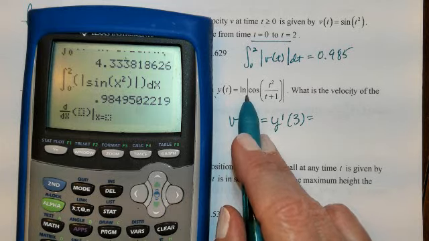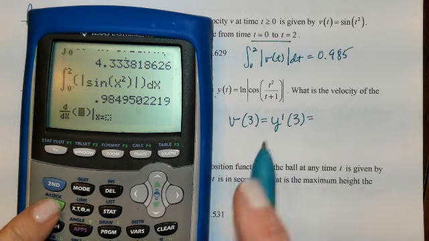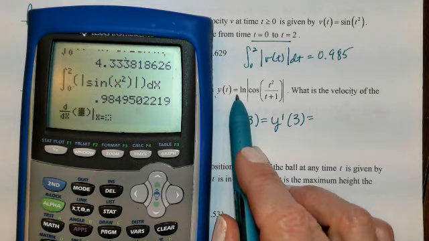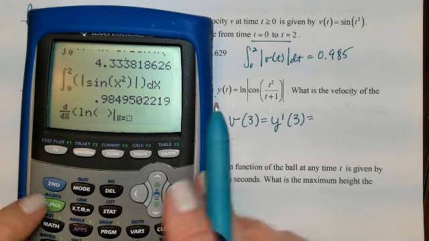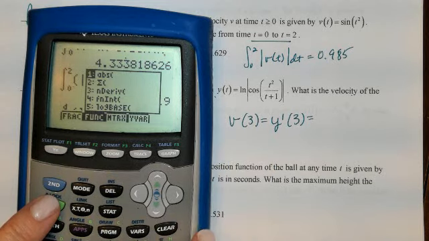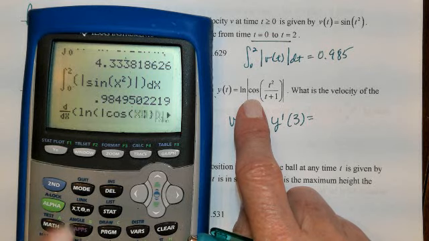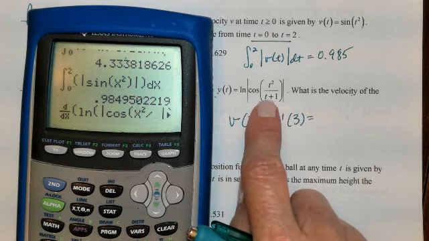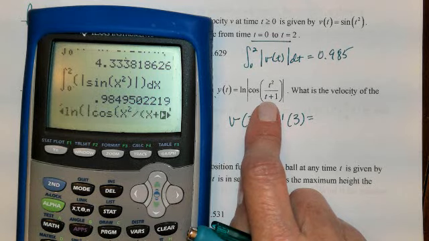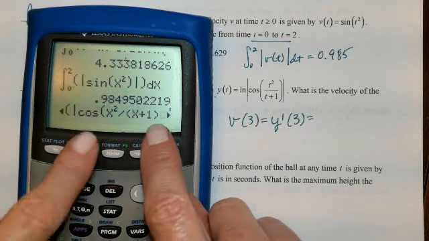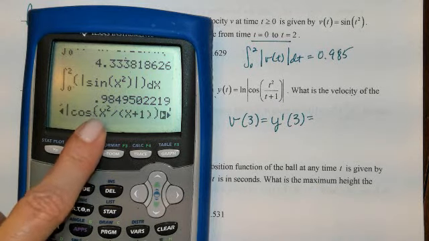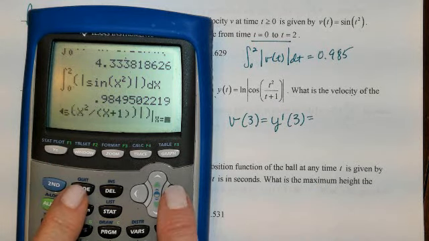It's a little complicated. I have, first of all, the natural log of the absolute value of cosine of t squared over, I need parentheses around that denominator, okay? I'm going to close the parentheses for my cosine and then go out.